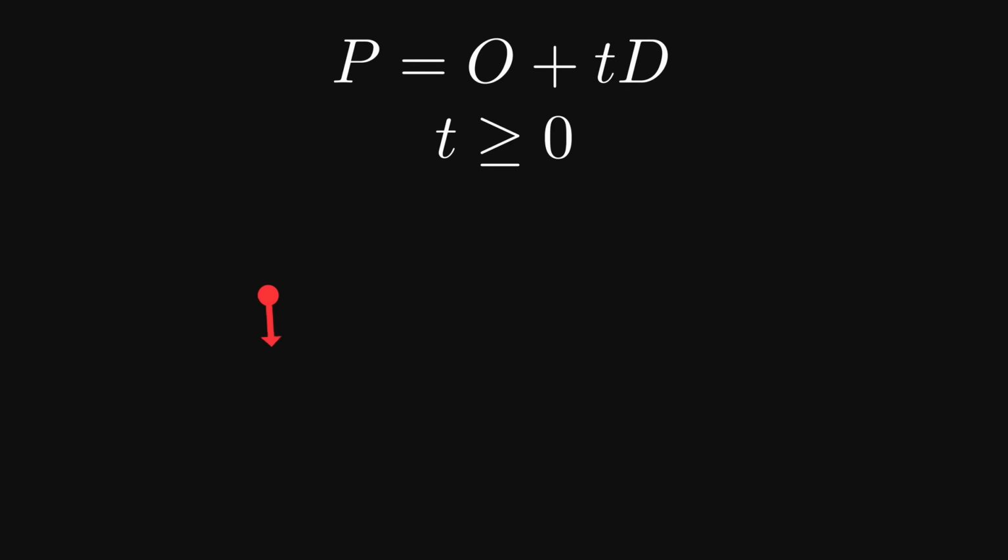In other words, all points from the given origin along the given direction. The variable t is a parameter that tells us how many multiples of the direction we've moved from the origin. Note that nowhere in this definition do we say that the direction is normalized. It can be whatever length you want, as long as it's not 0.